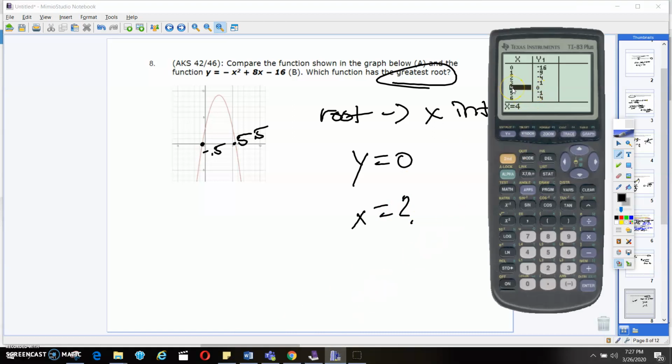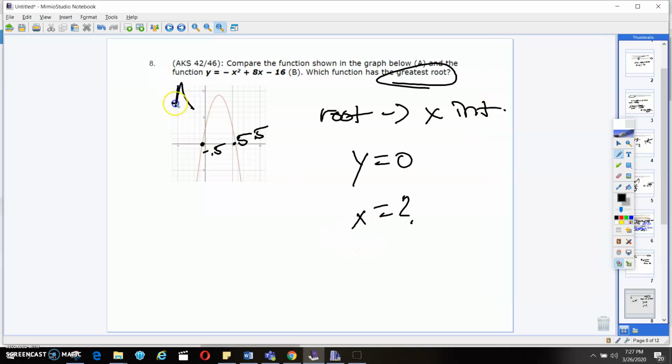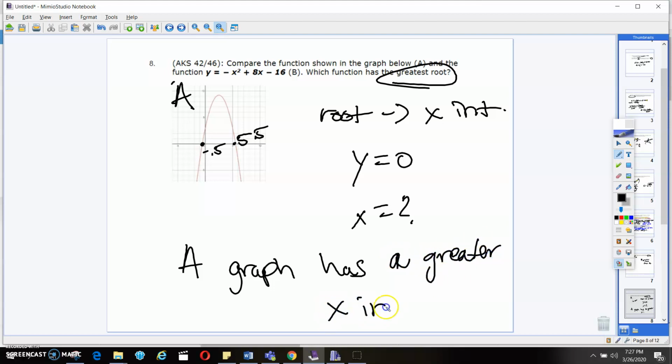X is 4, right? Okay, so that means that graph A has a greater maximum, or x-intercept, than B, because B had that 4, and then A has that 5.5, okay?